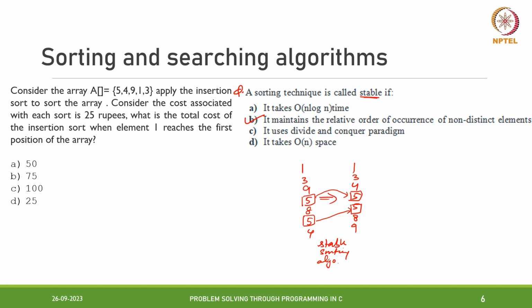Now unstable basically just means the opposite, so if this 5 gets exchanged, like this 5 comes first and this comes second, we call it unstable. So what are some examples of stable sorting algorithms? You can try this out by yourself. Insertion sort is a stable sorting algorithm, and selection sort is unstable.